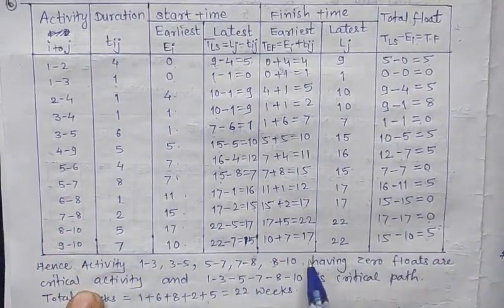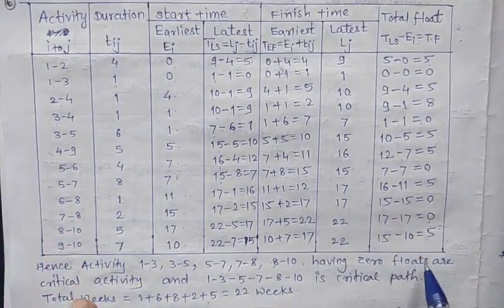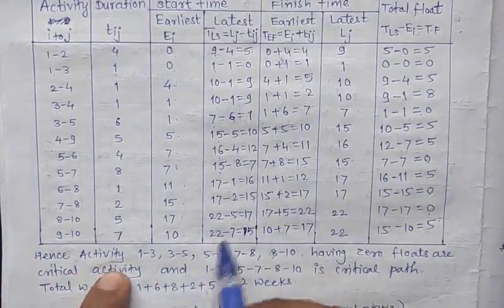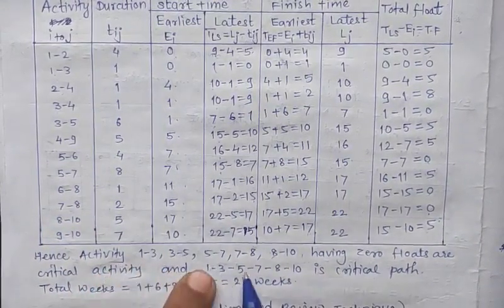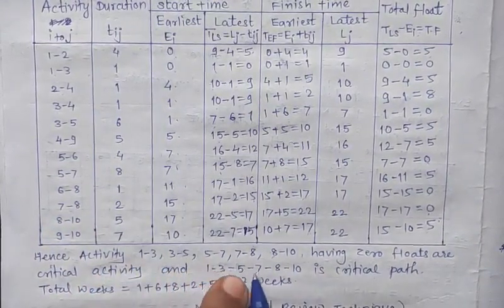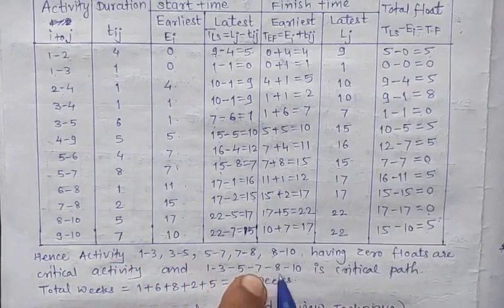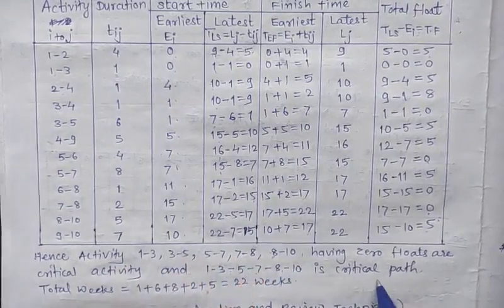So these activities having 0 float are the critical activities. Combining them, we get 1 to 3, 3 to 5, 5 to 7, 7 to 8, 8 to 10 as the critical path.